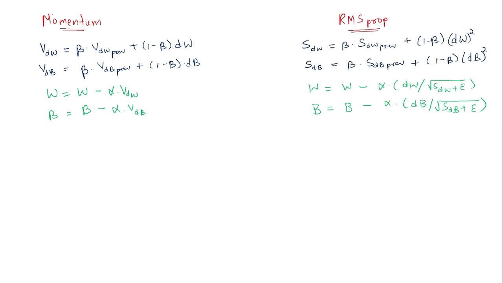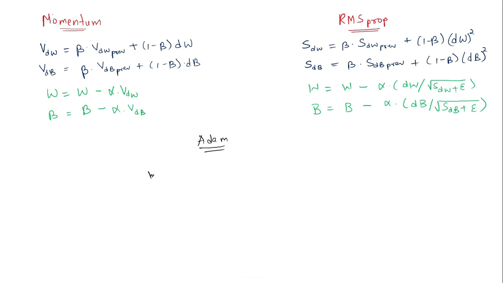And if you know about RMS prop, then you will know that the weight updation is given by this equation, where SDW here is given by this. A small note here: as we take dw square here, we represent it with SDW, and when we don't take the square, we represent it with VDW. For the ADAM optimizer, we combine both momentum as well as RMS prop into one single equation.